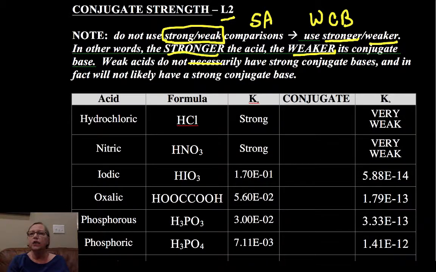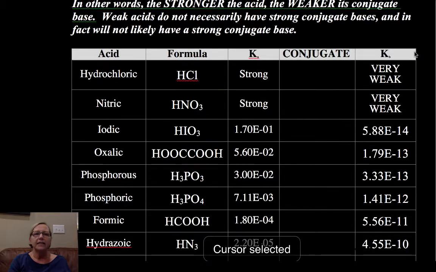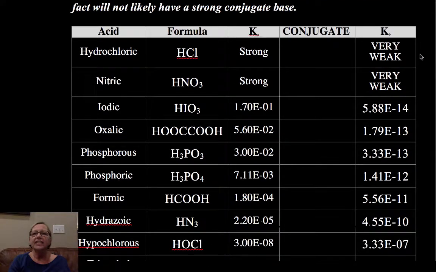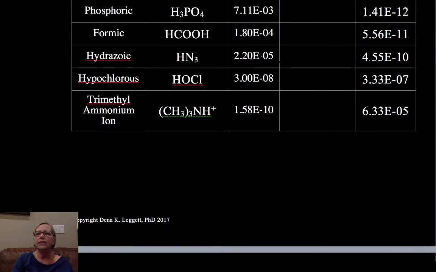Now, let's take a look at this chart that I have here. In this chart, I'm showing a list of acids with their formulas and their Ka and Kb. Let me get some room here, and let's take a look at one of these.